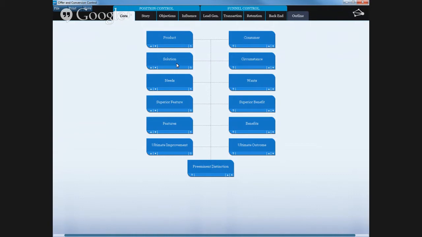That lets you really break it all down and really make sure you identify everything, and then when you take this to communicating your message, that's where the power comes from. The power is that you take everything that you identify in the core elements, and we're going to eventually take it into the funnel control part of this and into other messaging that we're going to do, and that's where the power really becomes evident.